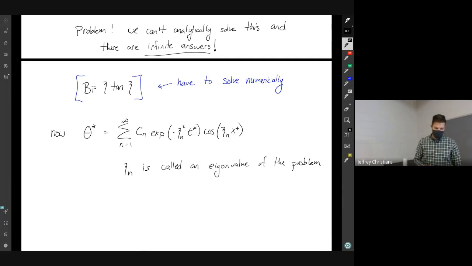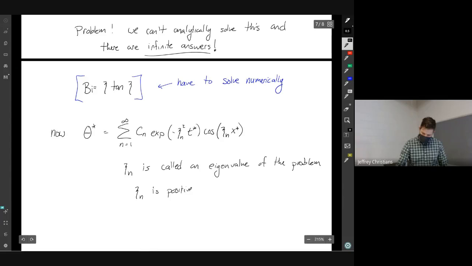You've hopefully heard the word eigenvalue before. So it's going to be the positive nth root of this formula equals Bo.